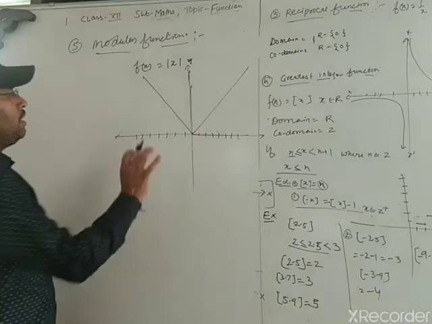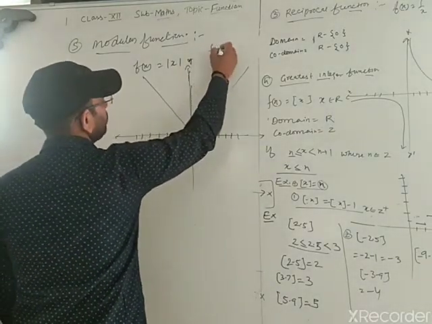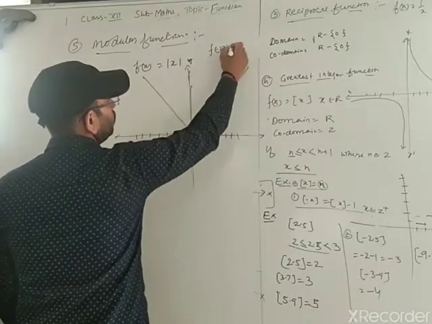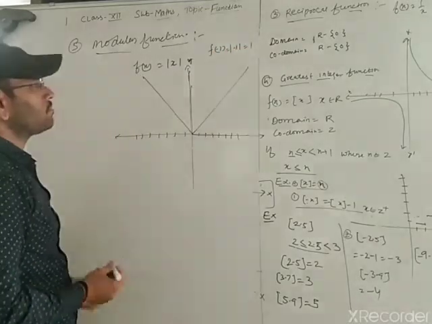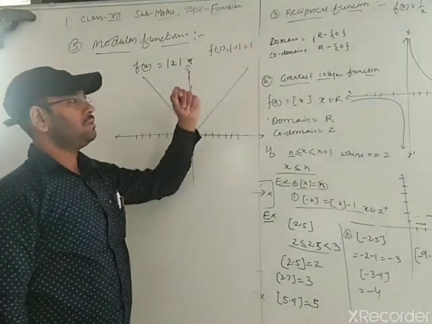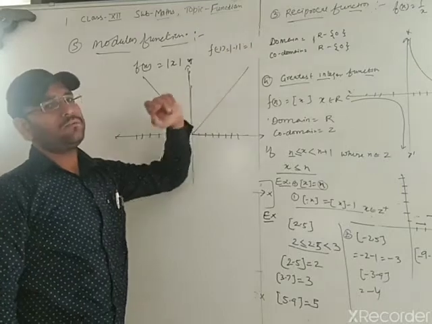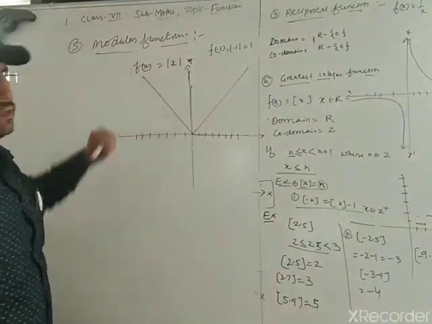Clear? Suppose I take an example: f of minus 1. You put the value minus 1, so you get the result 1. Whatever value you give inside this, you will always get a positive answer. So that is the graph of the modulus function.